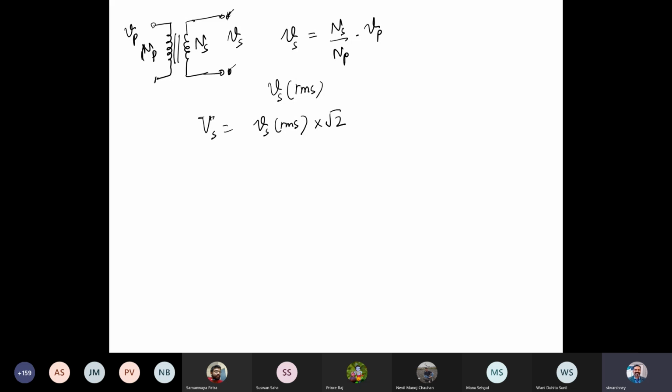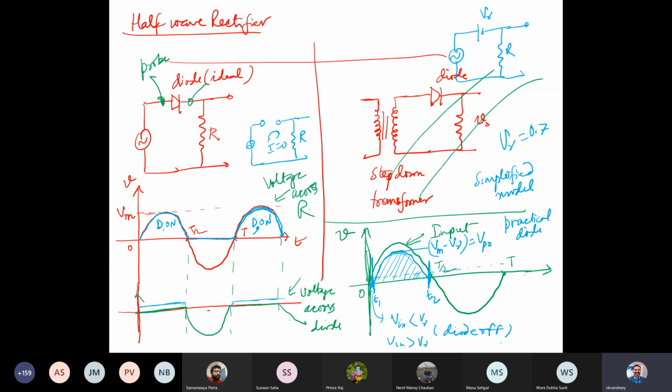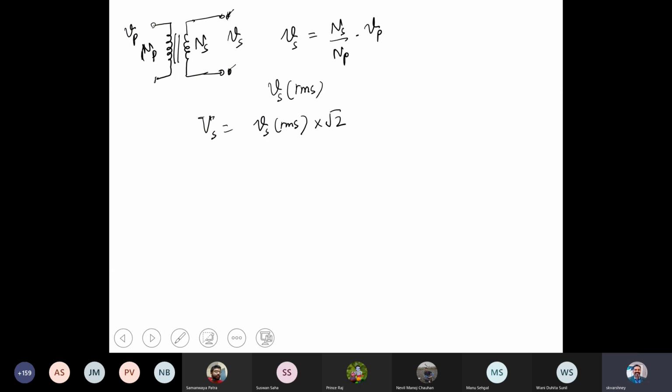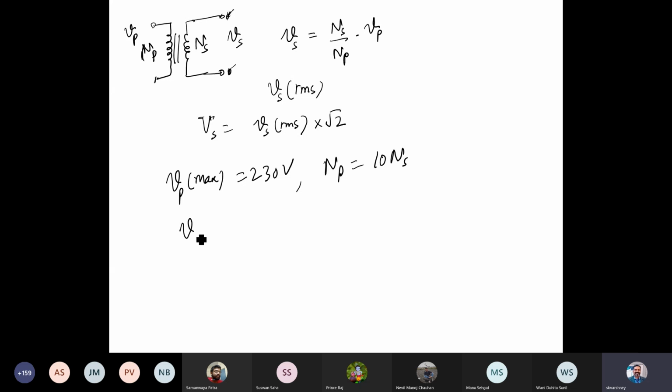So, for example, if VP max is 230 volts and the turns ratio is 10 to 1, then we can calculate VS max.